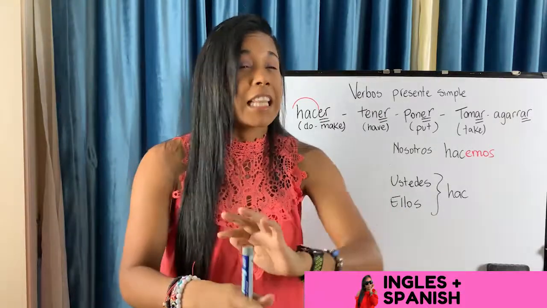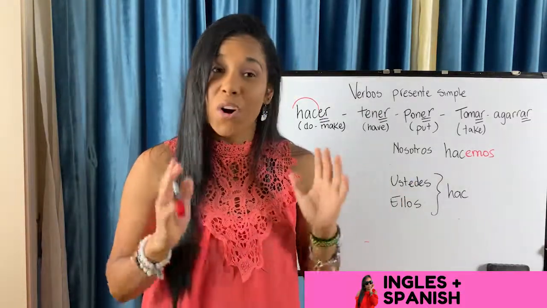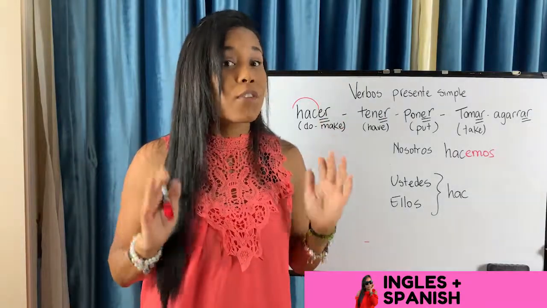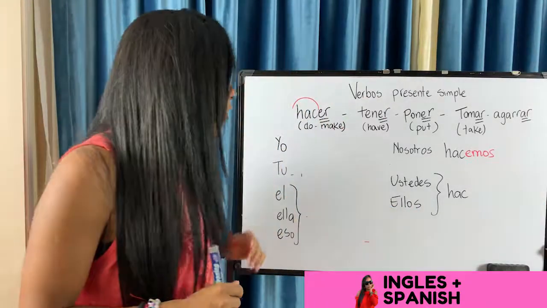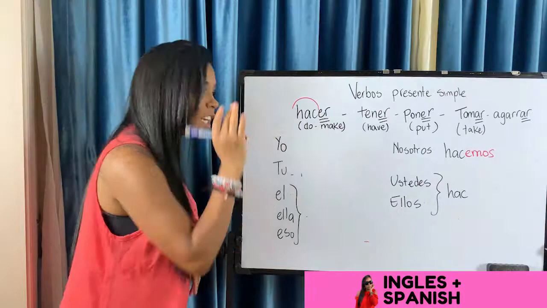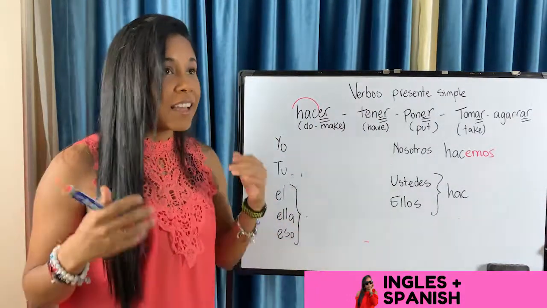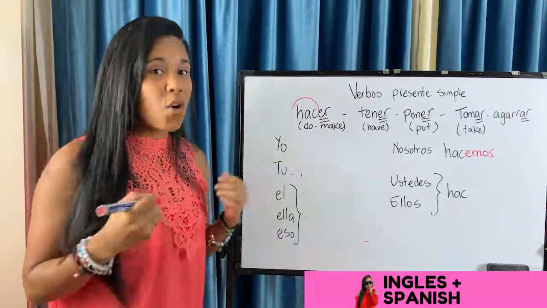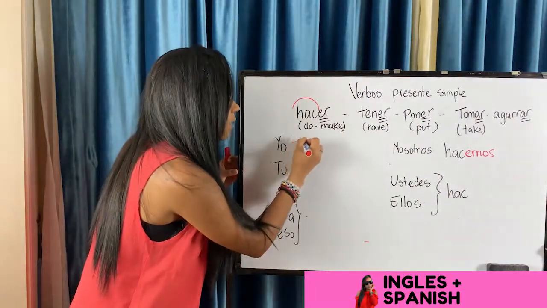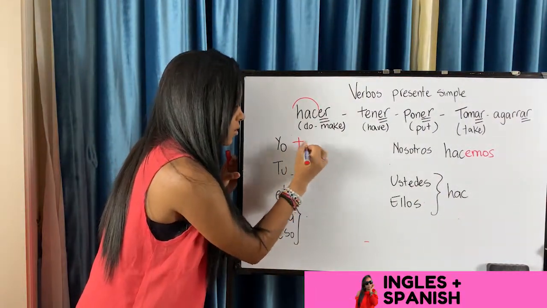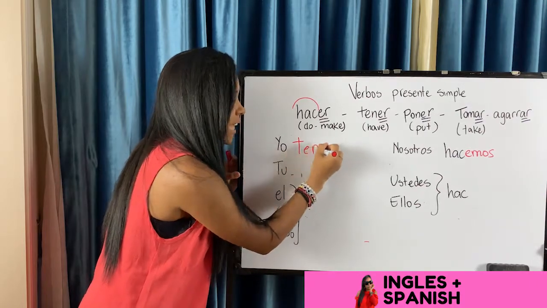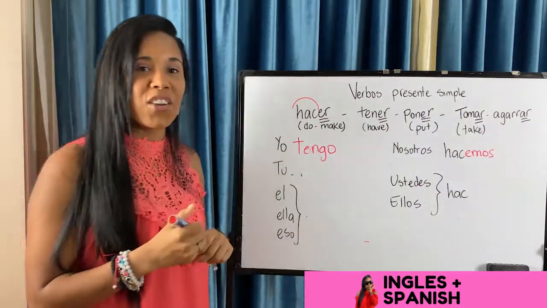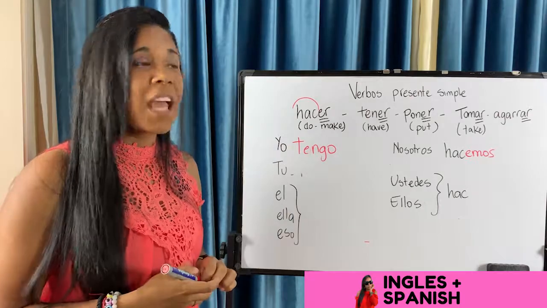We're going to learn it later because we're only learning simple forms of conjugating the verbs. But for now, we're going to learn that to have is tener. So tener is also going to be a little bit different with the first person. Sorry. So yo tengo.